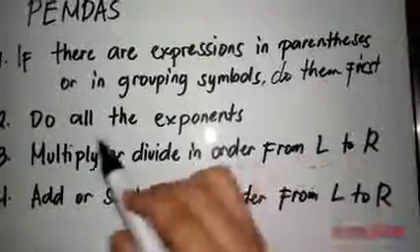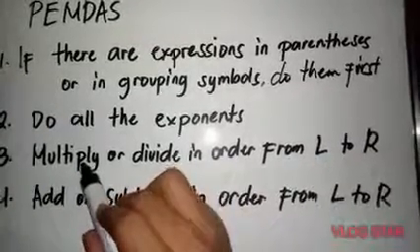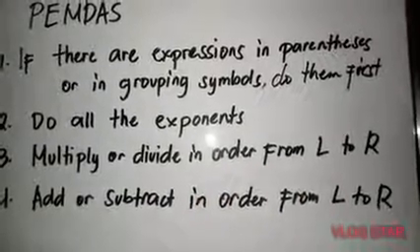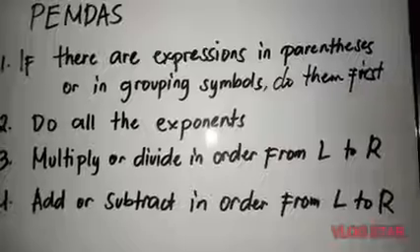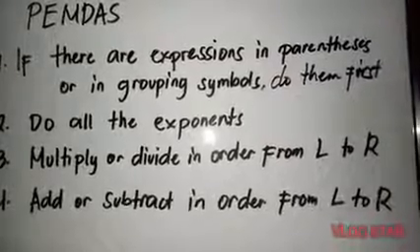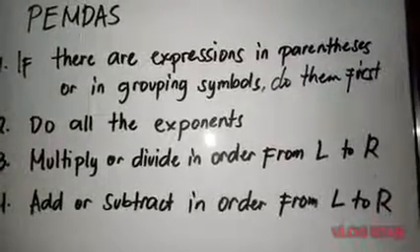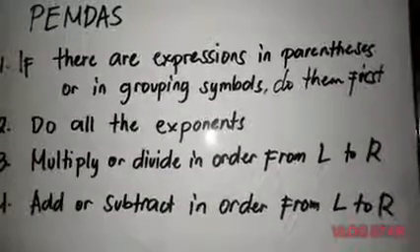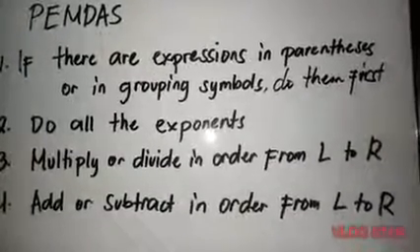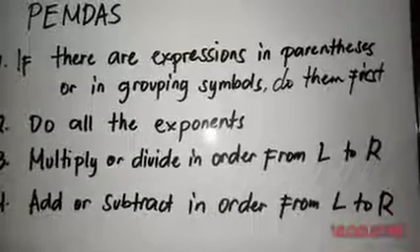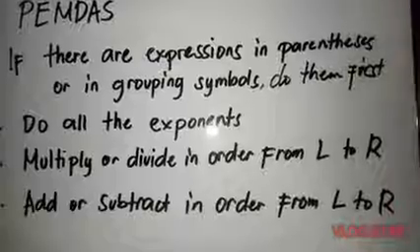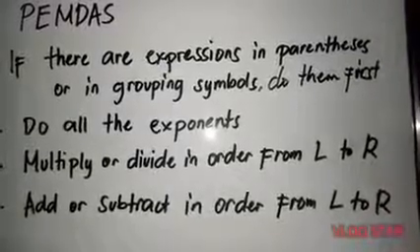Remember that multiplication and division in the order of operations have the same level of priority. So if division comes first, then you should divide first. Then if multiplication comes first, then you should multiply first.